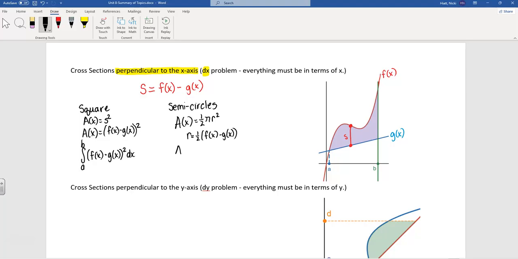So you would plug that in. You got a lot going on here, but especially if it's just a setup problem, you could just integrate from a to b, the 1/2 pi times 1/2 of f of x minus g of x, squared. I do think I got one more parenthesis there.